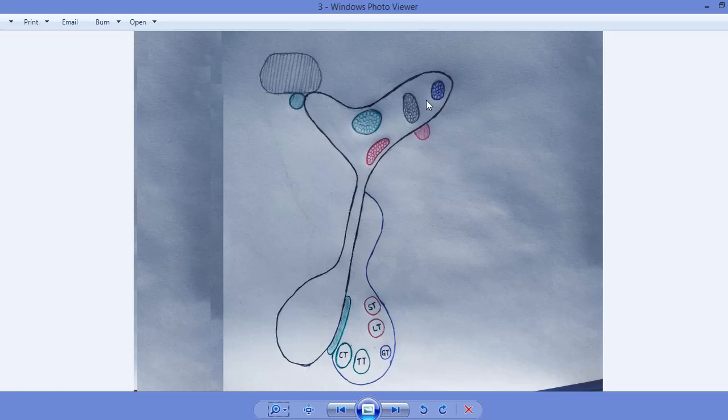Similarly, the paraventricular nucleus, which is present below the third ventricle of the brain, supervises the corticotrope and the thyrotrope. How these nuclei supervise these endocrine cells, I'm going to show you.